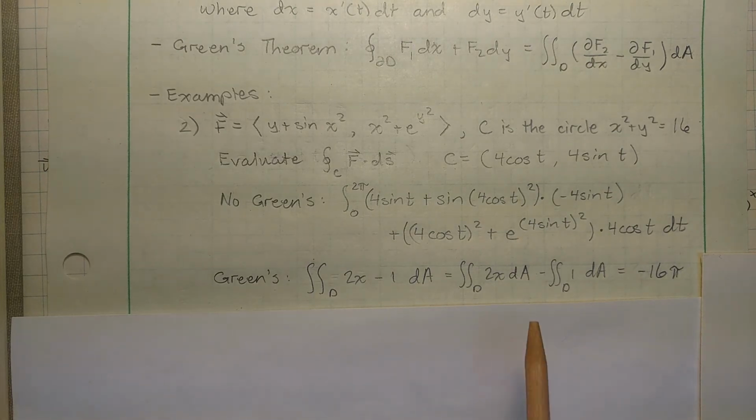Now, most of the time, we're not going to evaluate these integrals in this fashion. We're going to express them differently as we go to integrate and do it that way. But that's just a quick example of how we can do it. And that one happens to be pretty easy to do just by inspection.